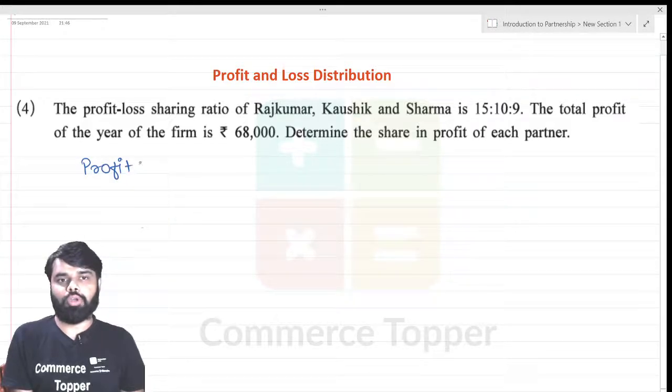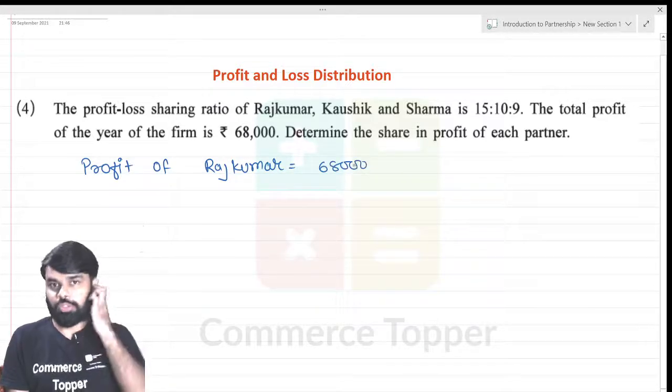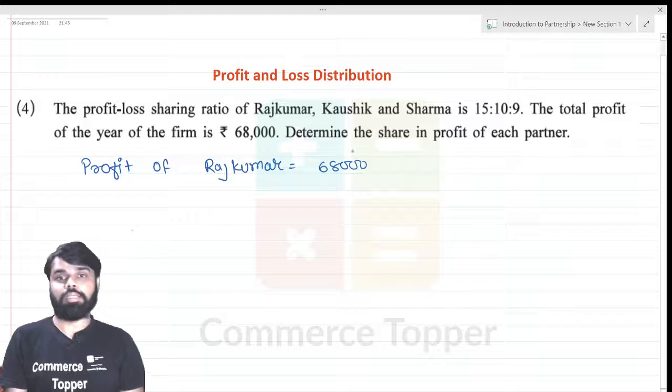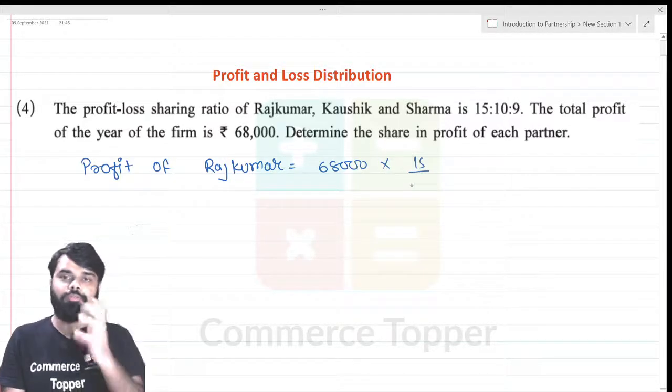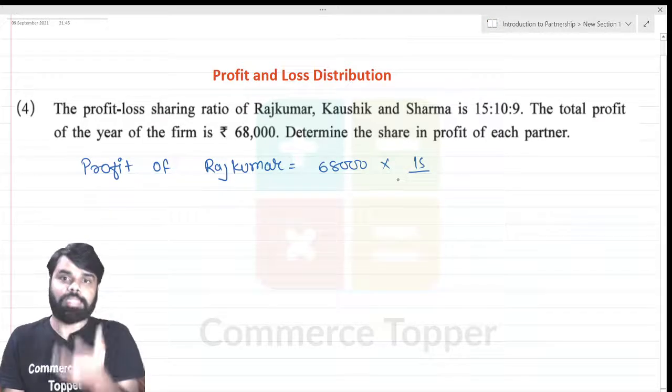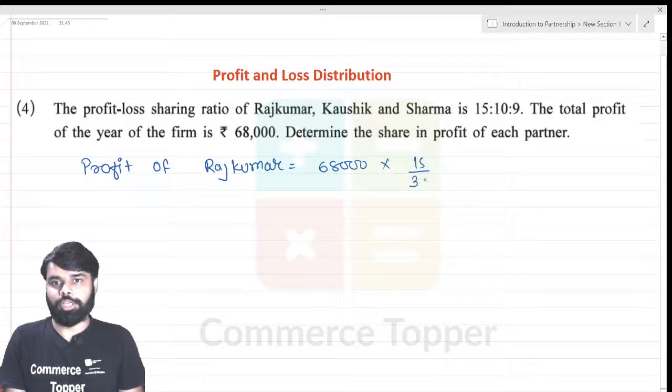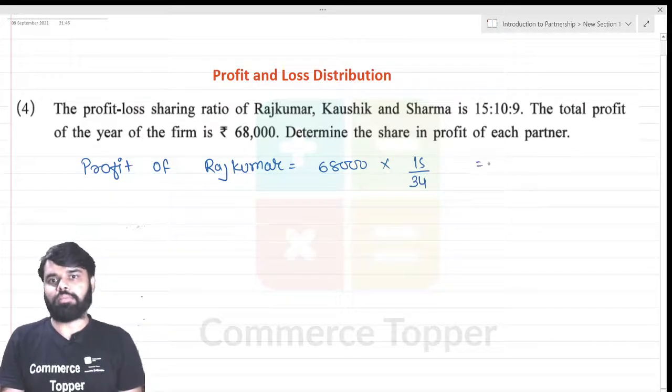Profit of Rajkumar will be 68,000 into 15 divided by 15 plus 10 plus 9. Okay, so it will be 34. So it will be 34 to the 68 and he will get 30,000 rupees.